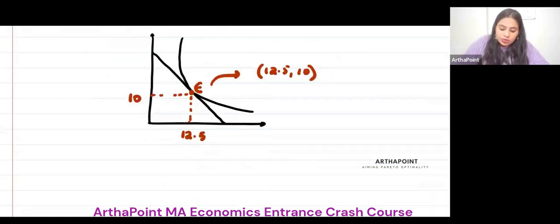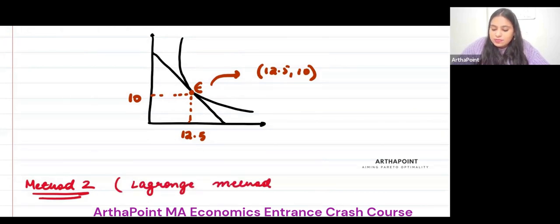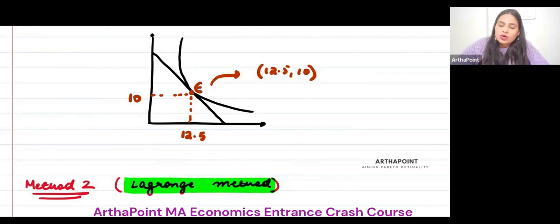Now let's talk about method 2. Method 2 is called the Lagrange method. You must practice all of this at least twice today. Only then will things sink in your mind.